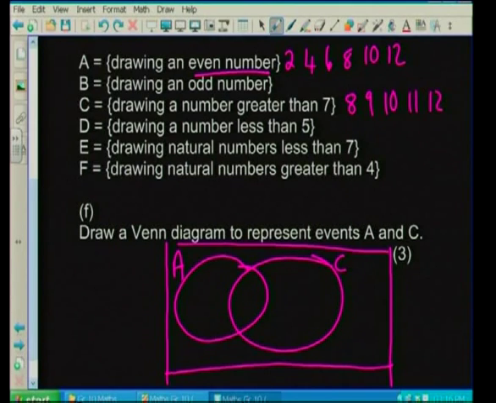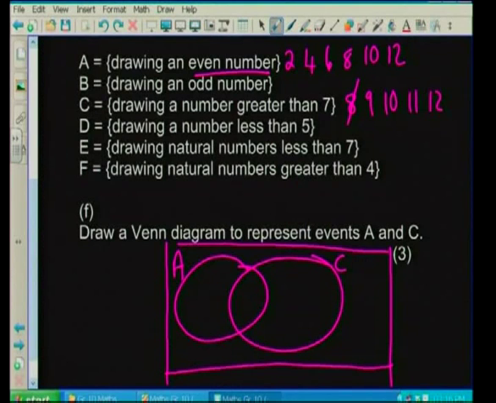And what I'm going to do is in the intersection between A and C, I'm going to put the numbers greater than 7 that are also even numbers. So what about 8? 8 is an even number. What about 10? 10 is an even number. And what about 12? 12 is an even number as well.